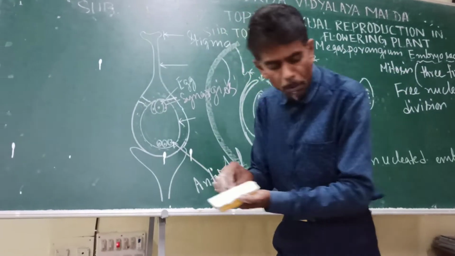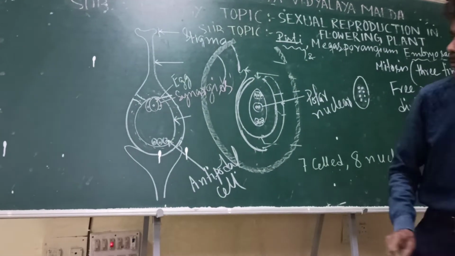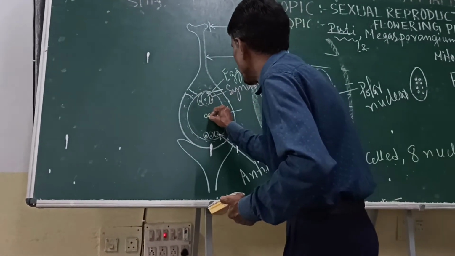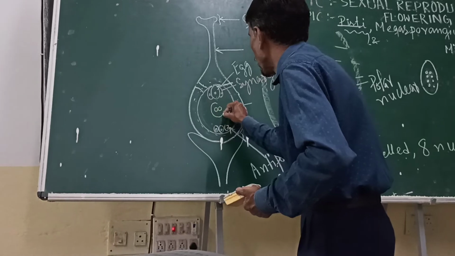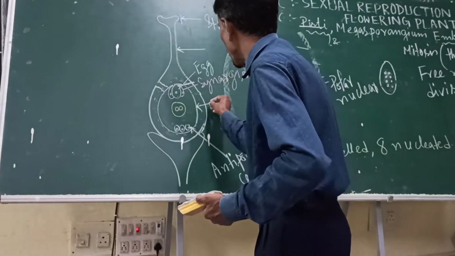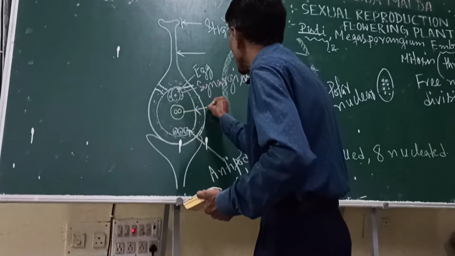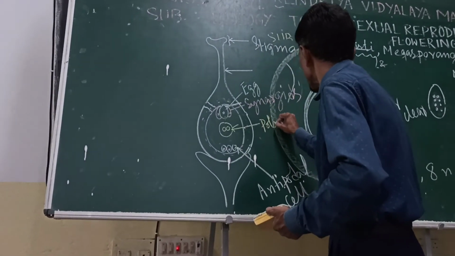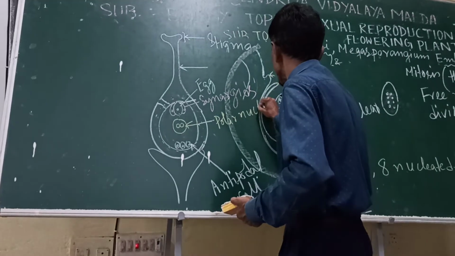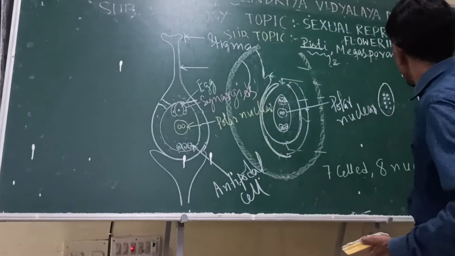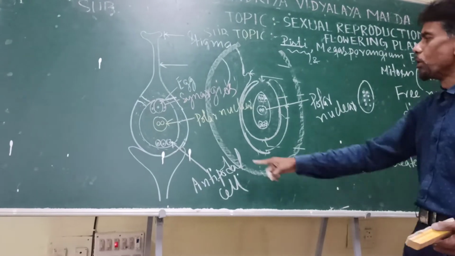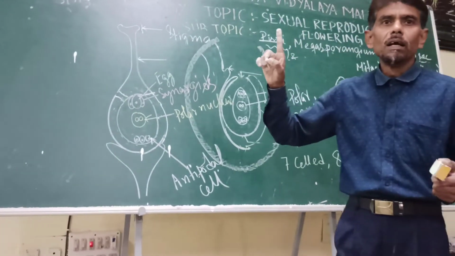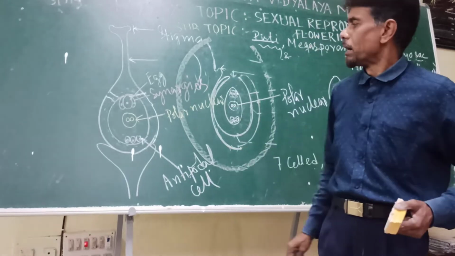And the centrally placed 2 nuclei covered by a single cell wall are what you call polar nuclei. This is the 7-celled, 8-nucleated stage of embryo sac development in the case of angiosperms.